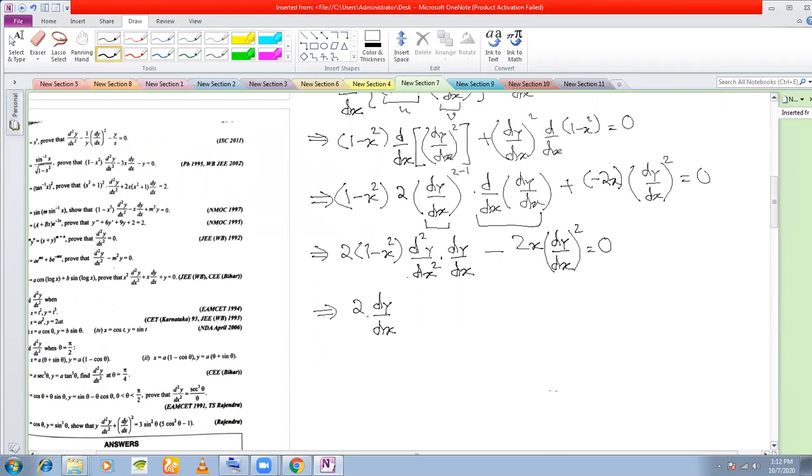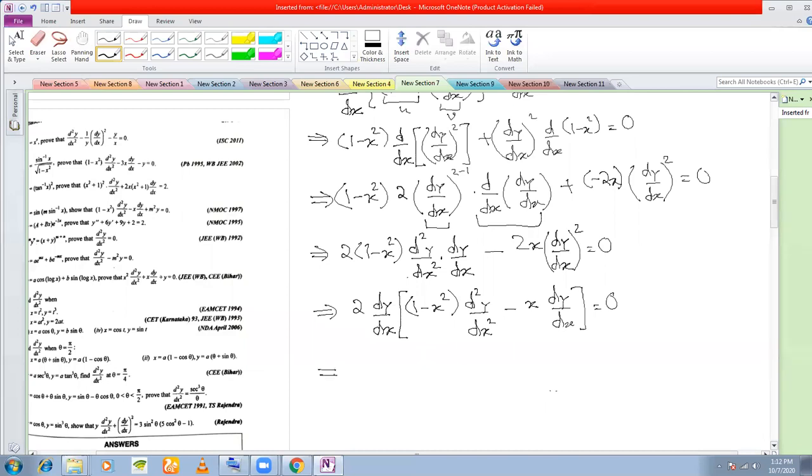If I take 2 dy/dx common, what am I left with? 1 minus x square d2y/dx2 minus x dy/dx is equal to 0. Check whether I'll get this or not.